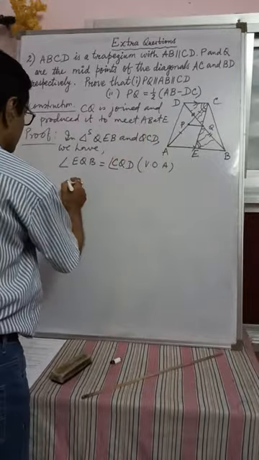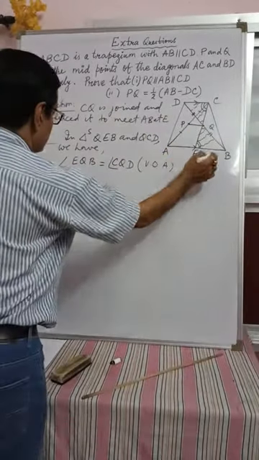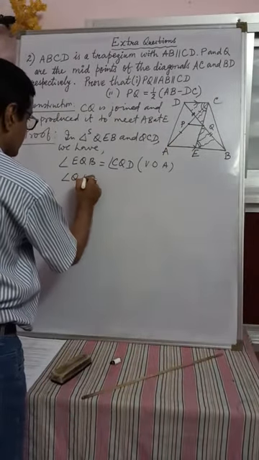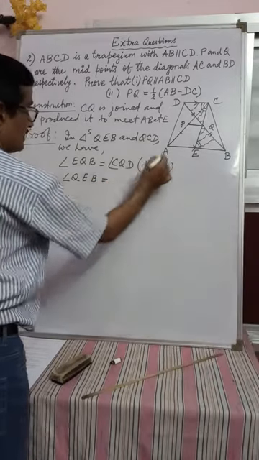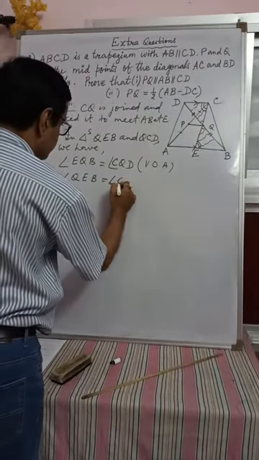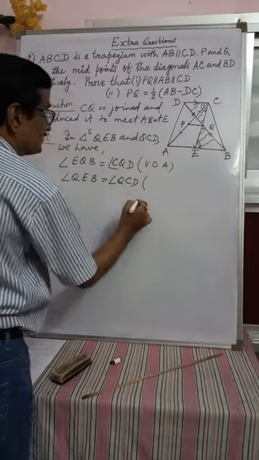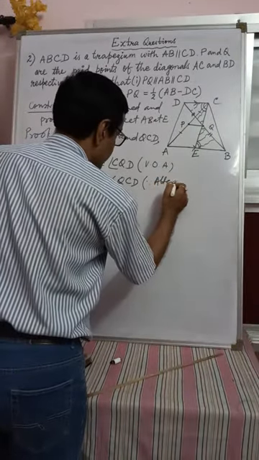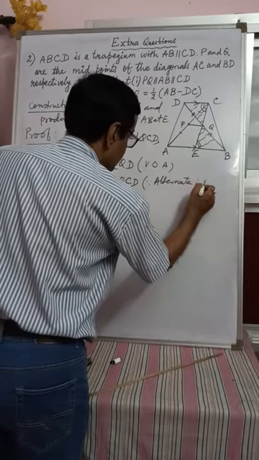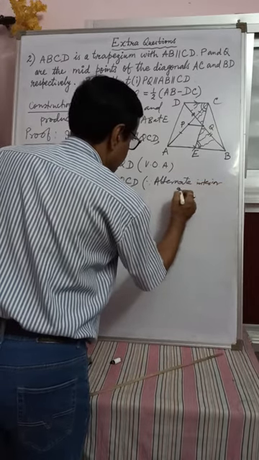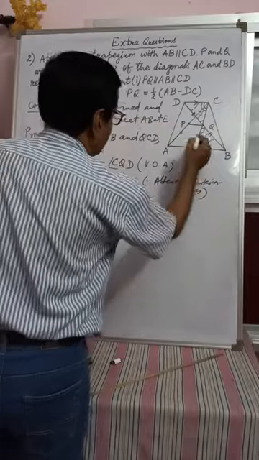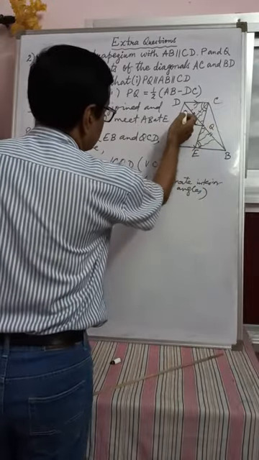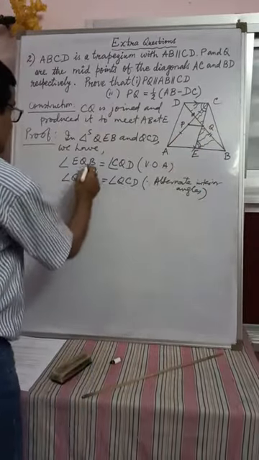And these two are equal: angle QEB is equal to angle QCD, because they are alternate interior angles. And QD and QB are equal.